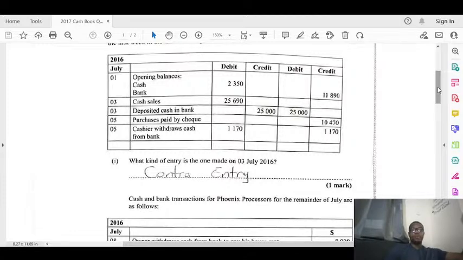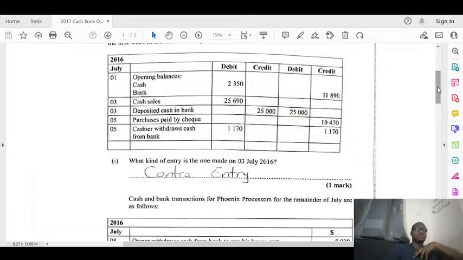You are taking money from the bank account, right? And you're using it in the business. So it says cashier withdraws cash from the bank, and it's the cashier that is taking it out, which means that it is being used in the business, right? So what is receiving now? Think about it.